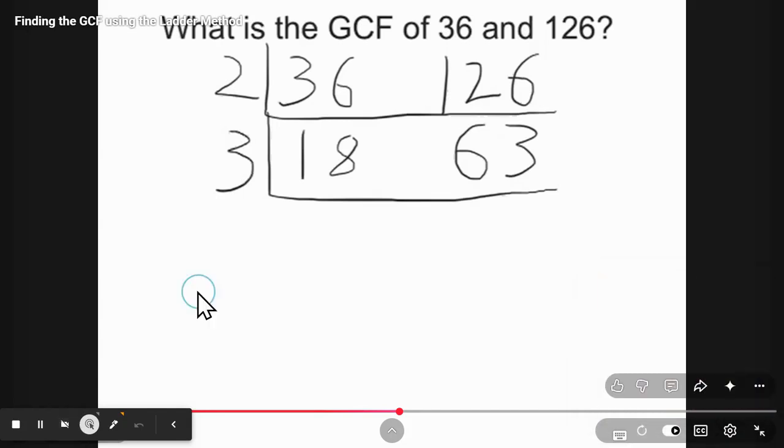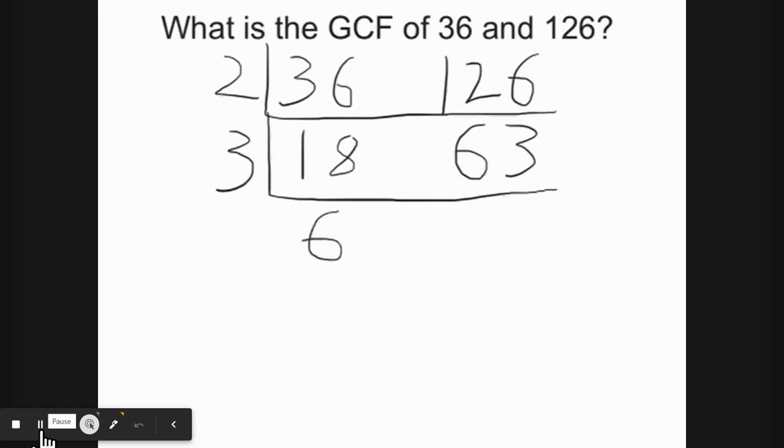Okay, goodbye. So we'll divide them both by 3. 18 divided by 3 gives us 6. 63 divided by 3 gives us 21. Make another rung of my ladder. See if there's a number that goes into both of these.